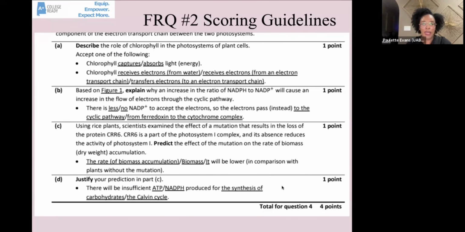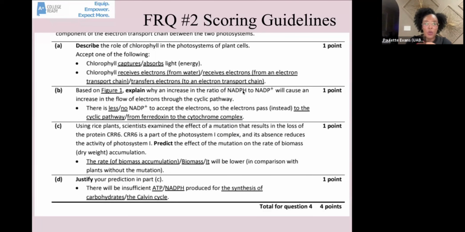Let's look at B. Based on figure 1, explain why an increase in the ratio of NADPH to NADP plus will cause an increase in the flow of electrons through the cyclic pathway. Now, think about what happens to the electrons in the non-cyclic pathway. The electrons end up with NADPH, and NADPH carries those electrons to the light-independent reaction so you can build your sugar, bonding power for your sugar.